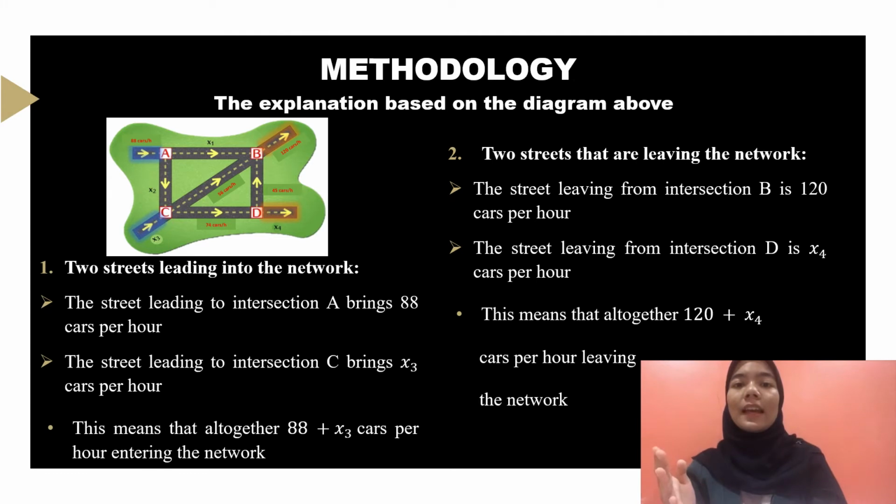Next, there are also two streets in orange that are leaving the network. First, the street leaving from intersection B brings 120 cars per hour. This means that altogether 120 plus X4 cars per hour are leaving the network.